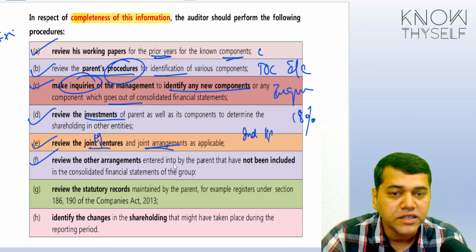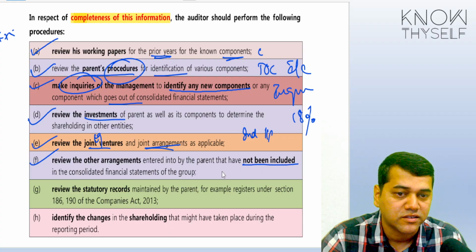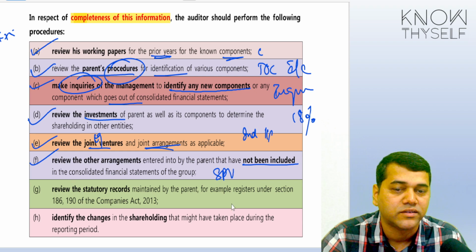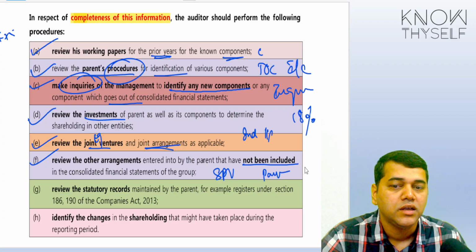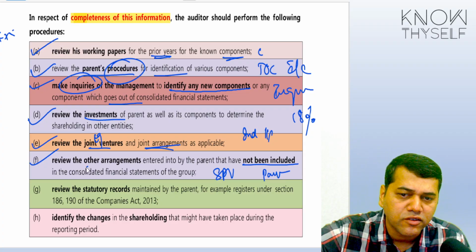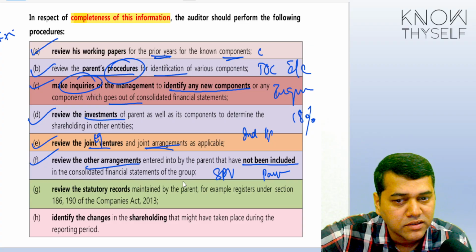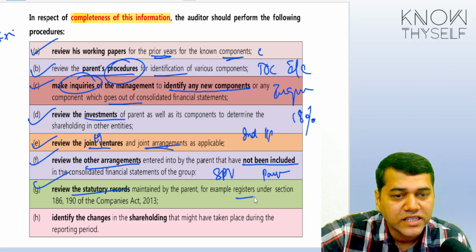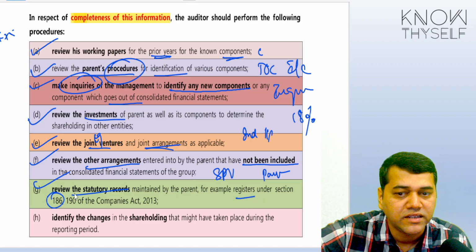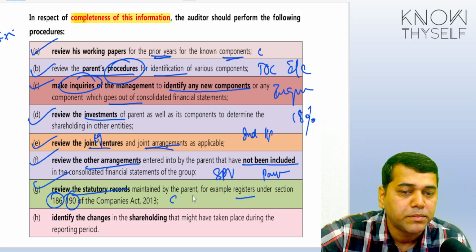Review other arrangements entered that have not been included in the consolidated financials, like for example, special purpose vehicles. Or they may be a partner in one partnership firm, and they may not have consolidated. So we can call it other arrangements, which is not there. Review the statutory records, like registers, as per section 186, 190, like intercompany investments.